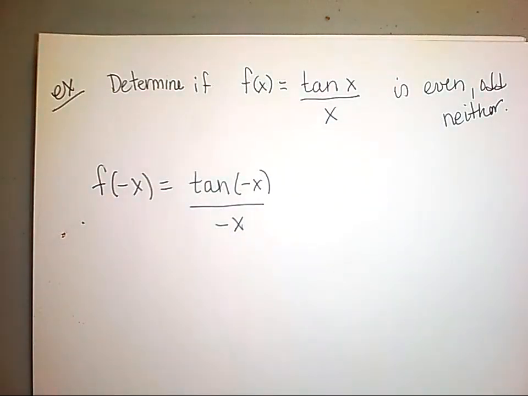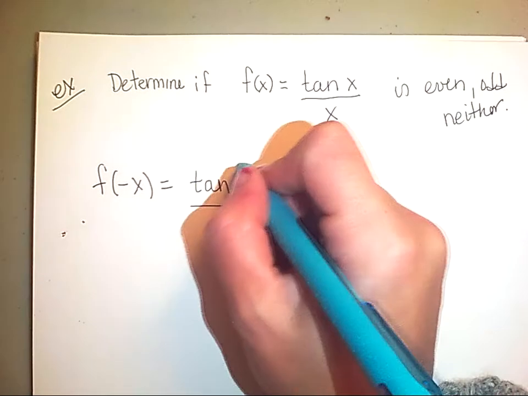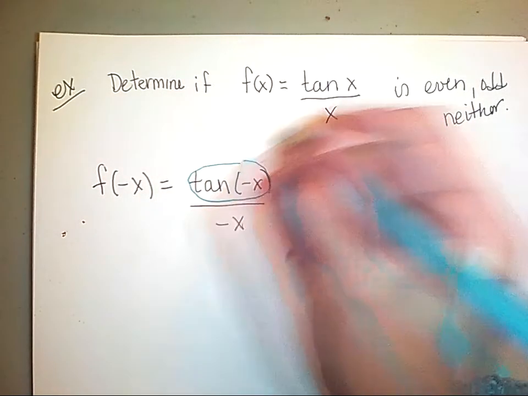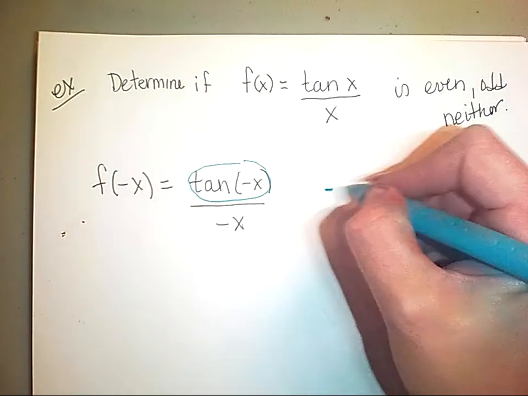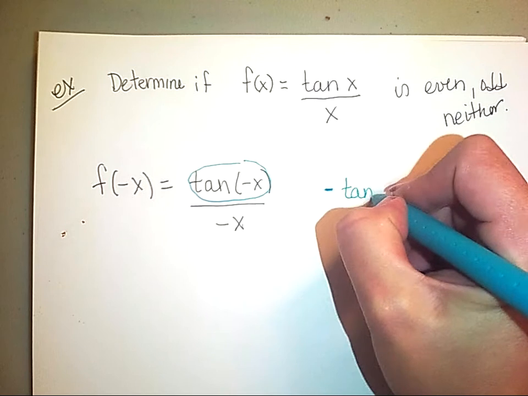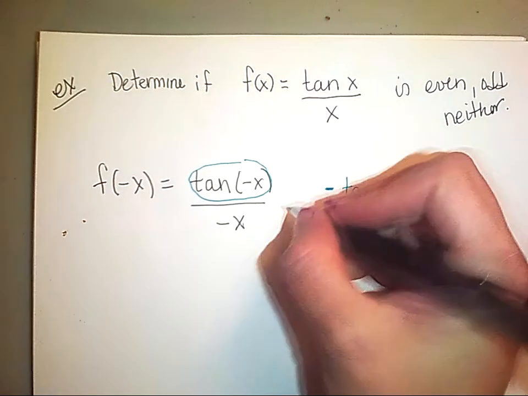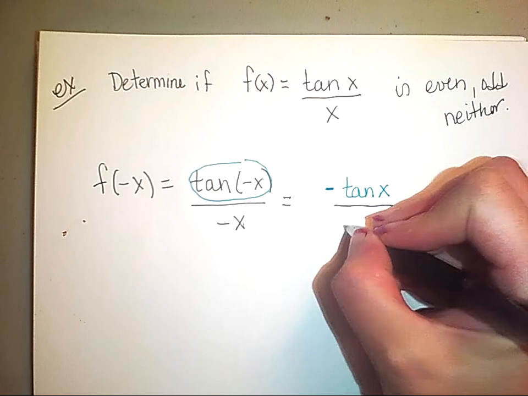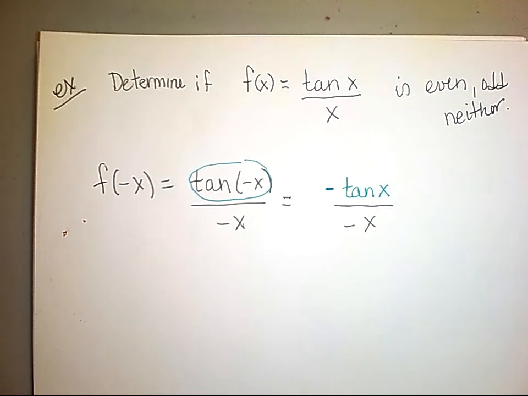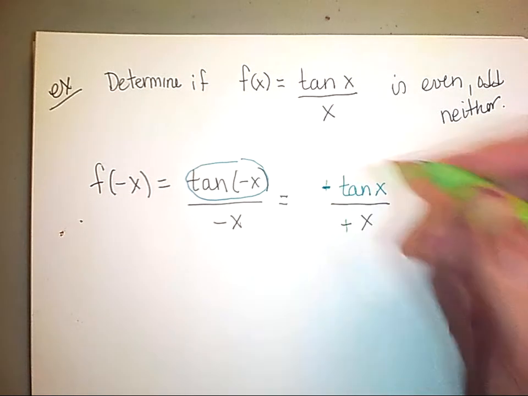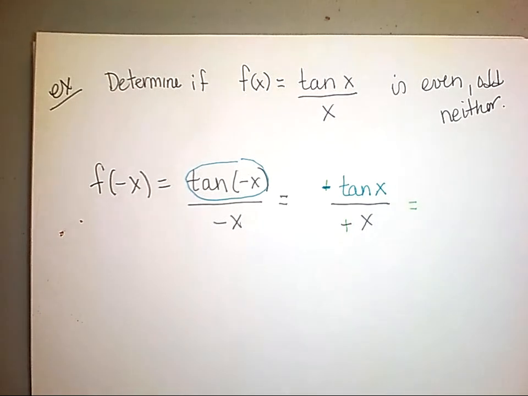Now let's start simplifying. Well, the tangent of negative x, tangent is odd, so this is the same thing as negative the tangent of the positive angle, still over negative x. But when we do this, the negative and the negative will become positive.